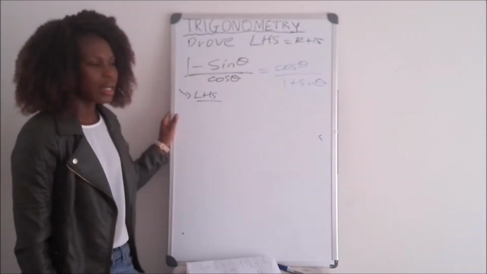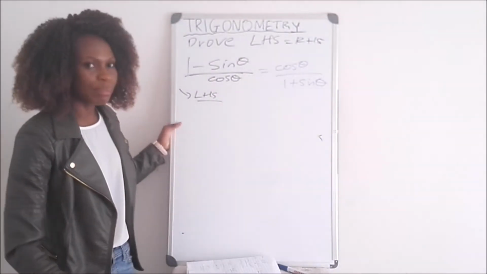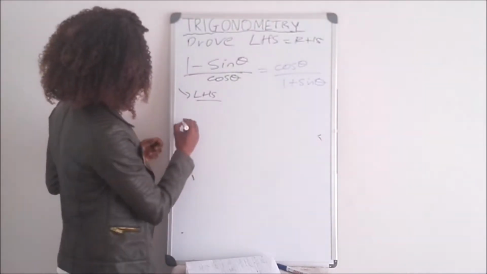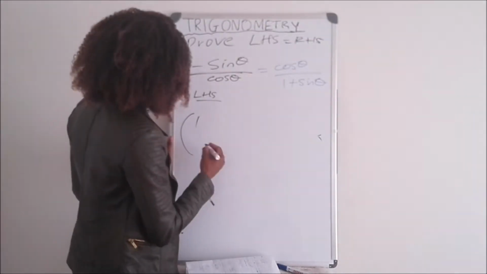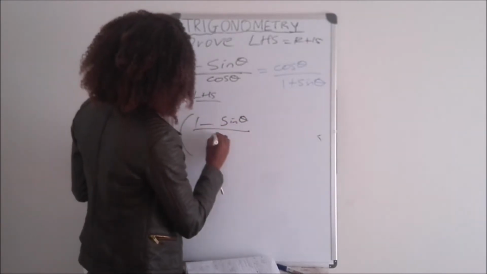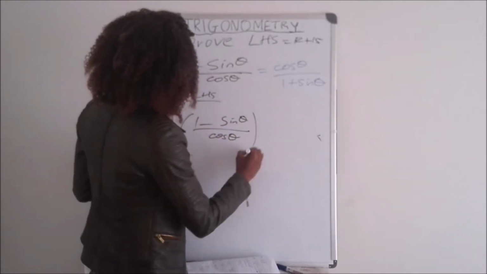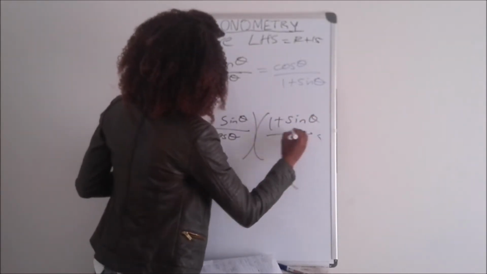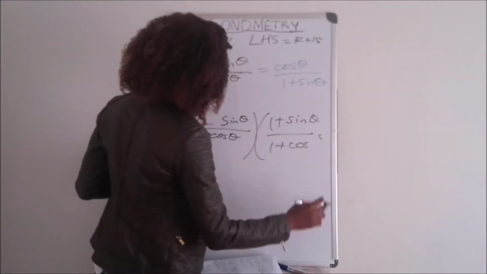1 plus sine theta divided by 1 plus sine theta on the left hand side. So we have 1 minus sine theta divided by cos theta multiplied by 1 plus sine theta divided by 1 plus sine theta as well.